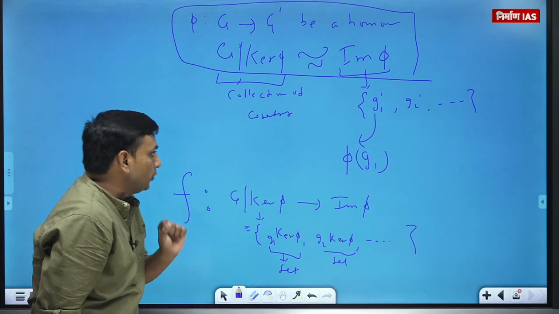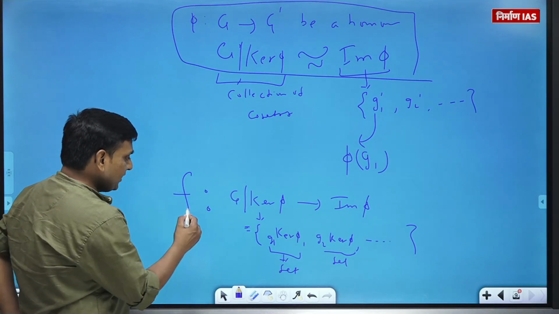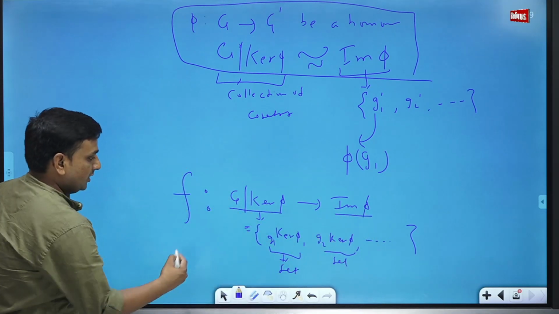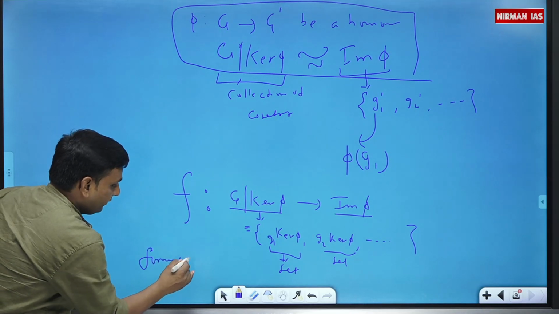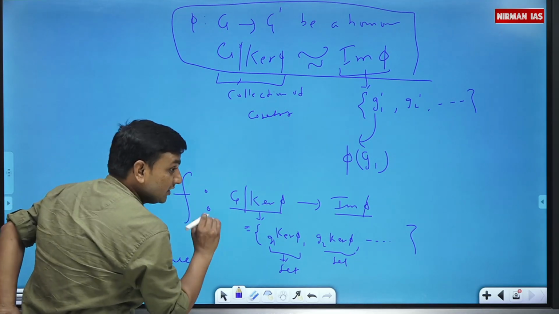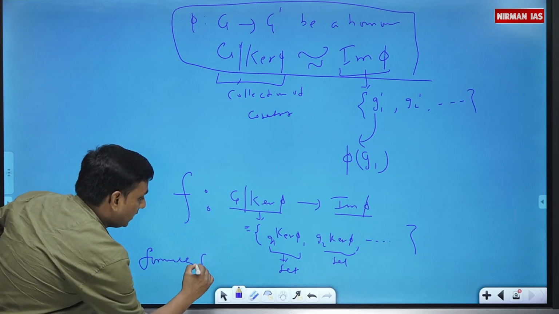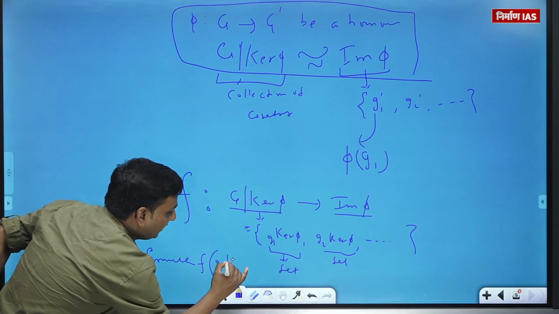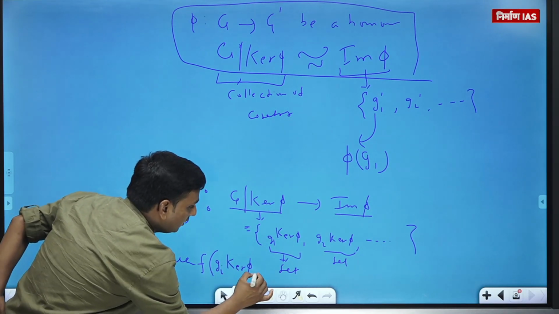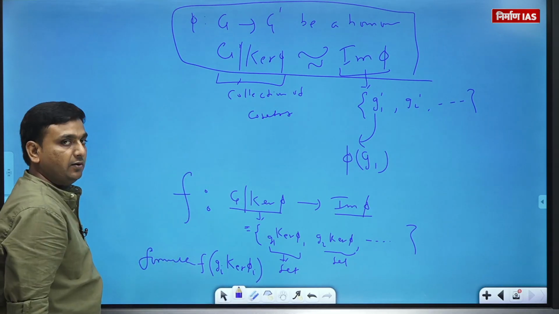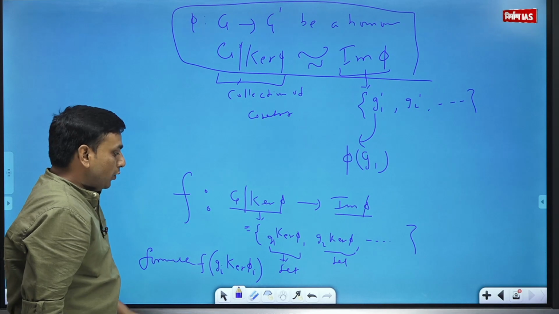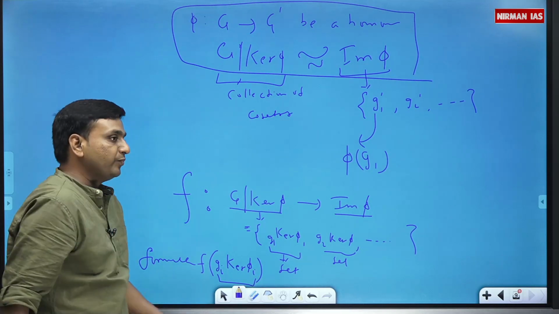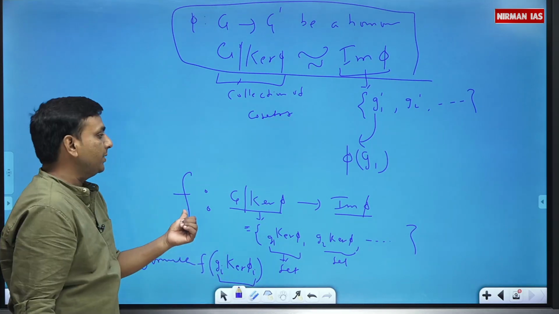So what I am going to do is define a map from this to this. How? Defined by a formula. Please note it on the board. That is the crucial thing for you guys. f of, let's say I have taken an element gi ker phi, and I want to know what the image of this element under the map is.